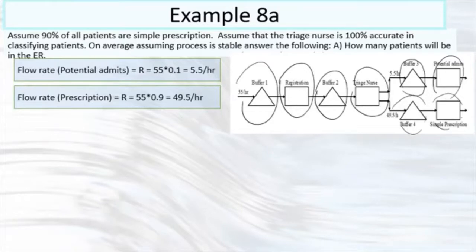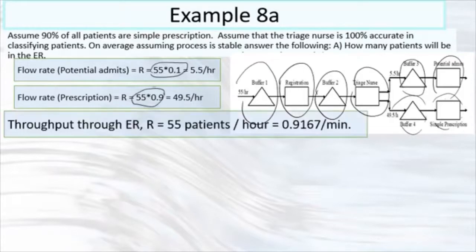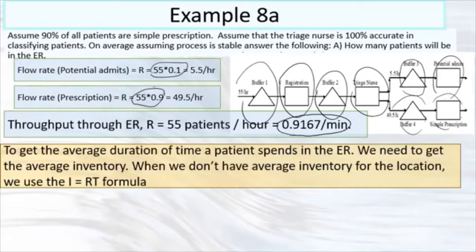Now we have to remember that the flow rate for potential admits is going to be 10% of the overall flow rate, while for prescription it's going to be 90%. We convert the throughput in terms of minutes because all our numbers are going to be in minutes. So we're using the I equals RT formula to get the inventory.